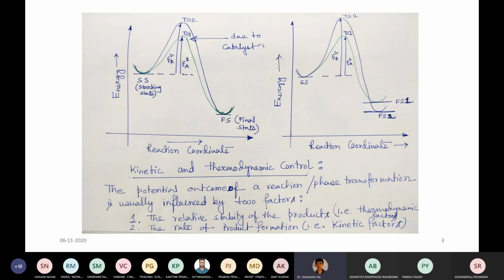Another example you can take is the catalytic converter. What is it? This is typically composed of platinum and rhodium working as a catalyst to convert toxic byproducts of combustion into less toxic substances. What is more toxic, carbon dioxide or carbon monoxide? You know, carbon monoxide is more toxic and carbon dioxide is less toxic.